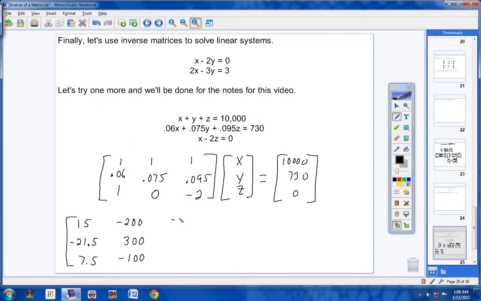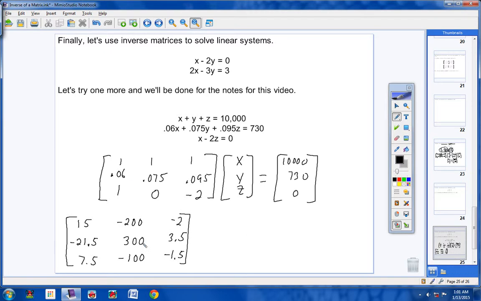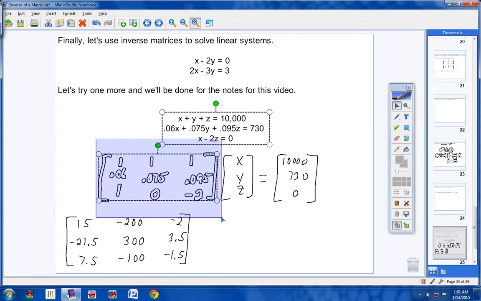Alright, this is your inverse matrix. Now look, students, remember what I showed you back here. You take the inverse matrix and you multiply it times this side here, but you also multiply it times this side here. So the same thing happens. I'm not going to bring all this down, but you understand. I take the inverse here times this matrix here.